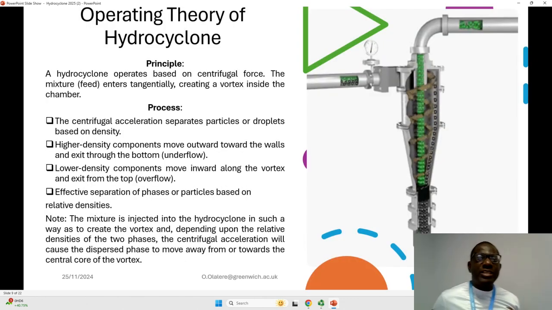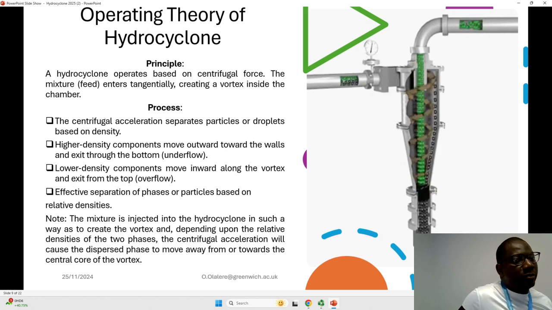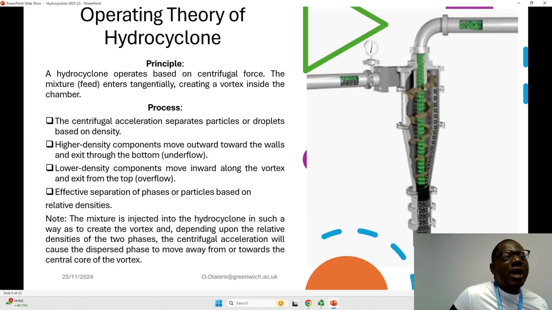Now, what is the operating theory of a hydrocyclone? A hydrocyclone operates based on what? Centripetal force. So we have a mixture of feed that enters at 90 degrees, as you can see, and it creates a vortex inside this chamber, a vortex like this. So the centrifugal acceleration separates particles or droplets based on density.